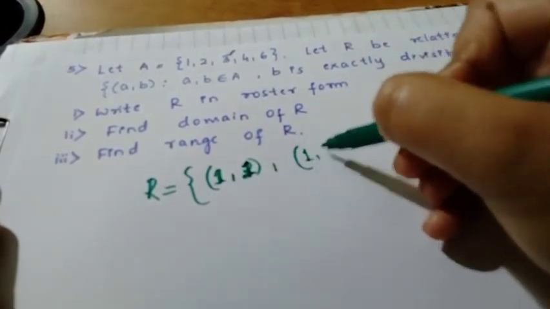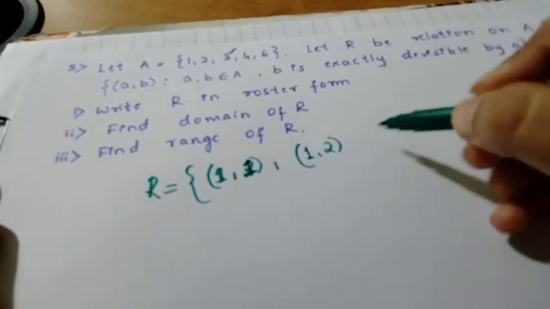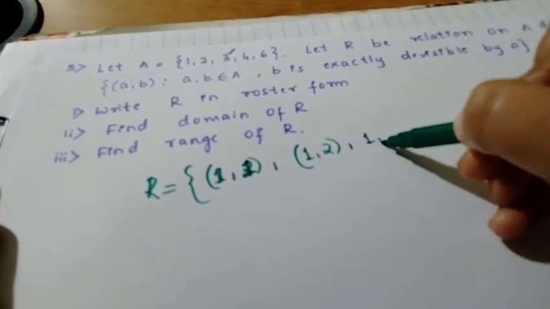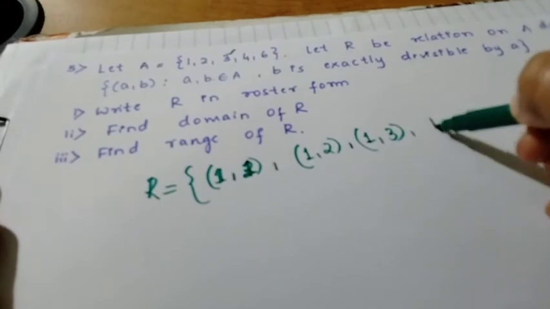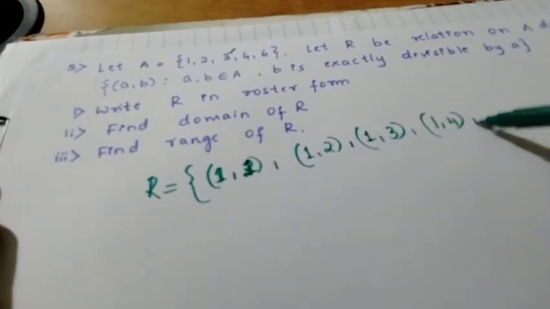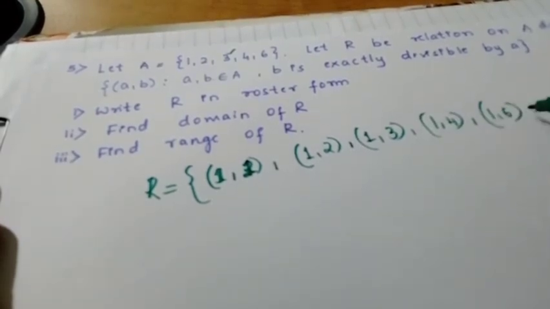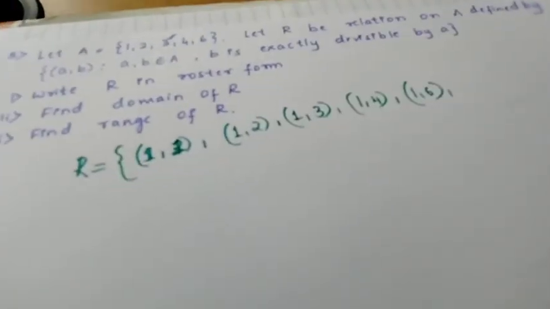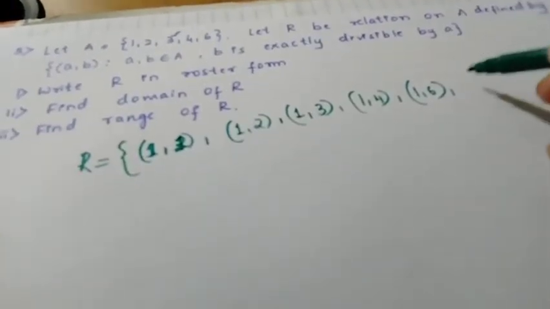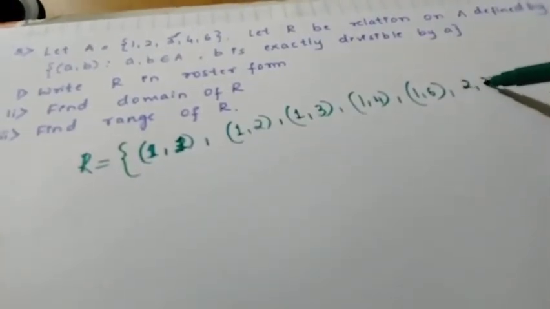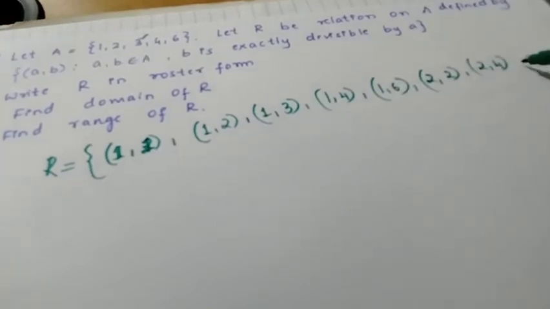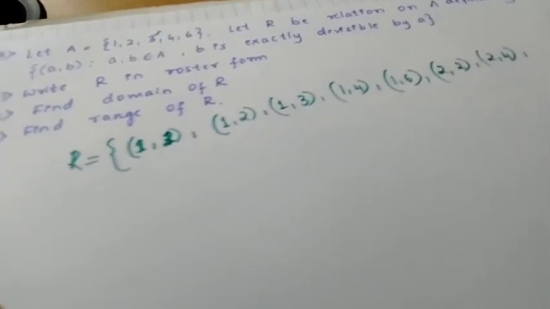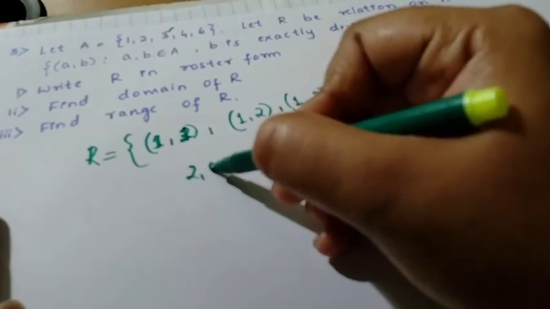Next (1, 2), 2 divided by 1 is exactly divisible. (1, 3), (1, 4) and (1, 6), because 1 divides every number. Okay. Next 2. (2, 2) I can take because 2 divided by 2 is 1. (2, 4) I can take because 4 divided by 2 is 2. Next (2, 6) I can take.